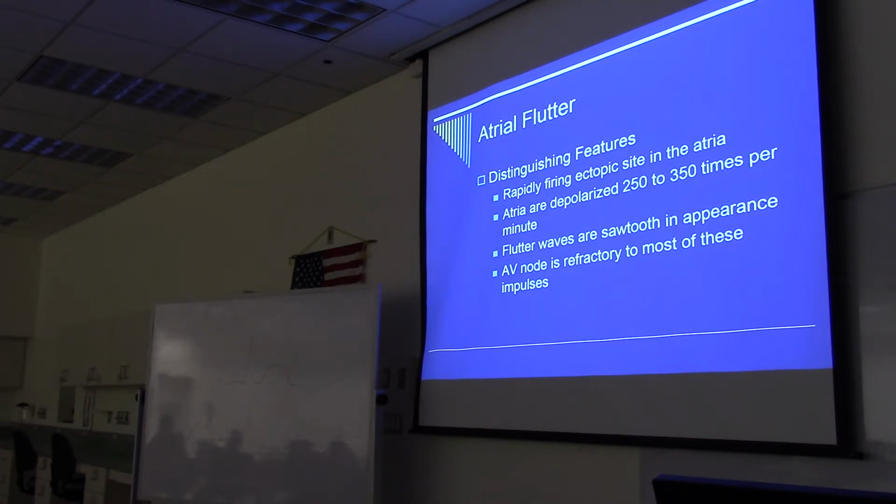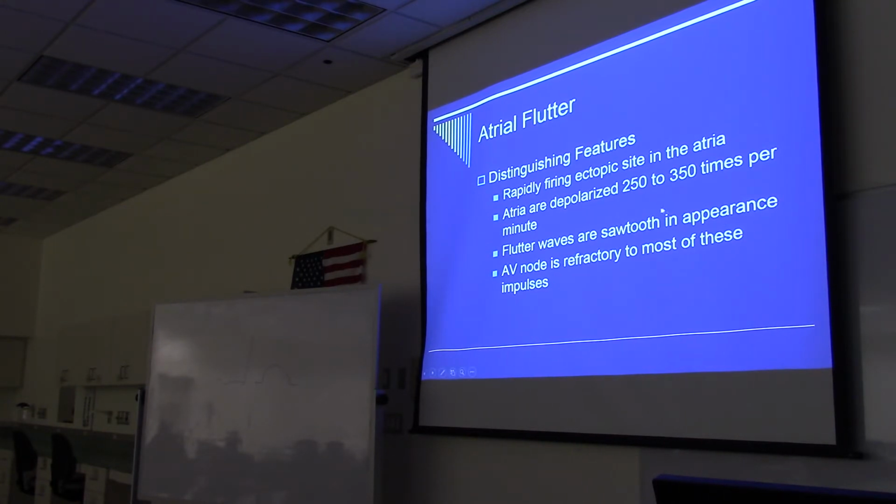All right, so we have two more arrhythmias. The next one is atrial flutter. The atria can actually flutter. It'll be caused by a rapidly firing ectopic site somewhere in the atria. The atria will depolarize 250 to 350 times per minute, and you'll see flutter waves when you're looking at the EKG.